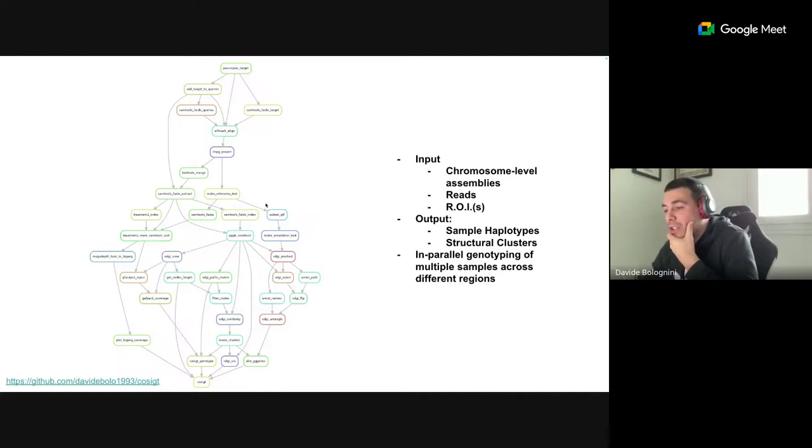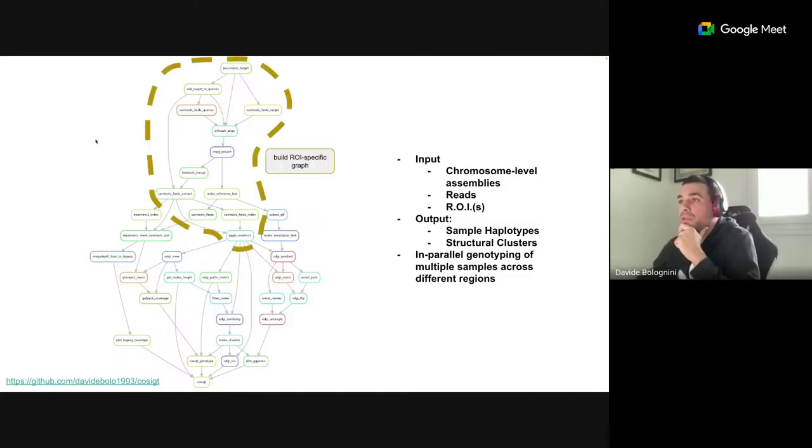So let's say that we want to genotype a certain region in an individual. What we do can be summarized more or less in four steps. The first step is to build a graph for the region. That's a region-specific graph, because working with graphs that are too large becomes impractical.